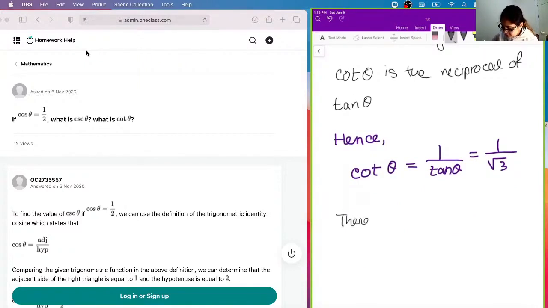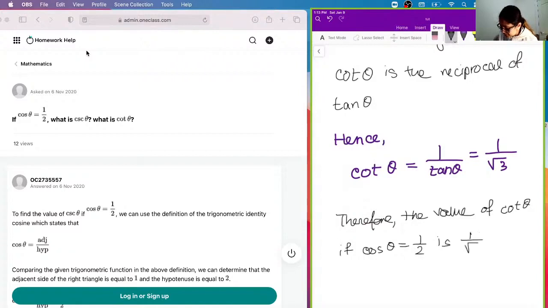Therefore, the value of cotangent theta if cos theta is equal to a half is 1 over root 3.